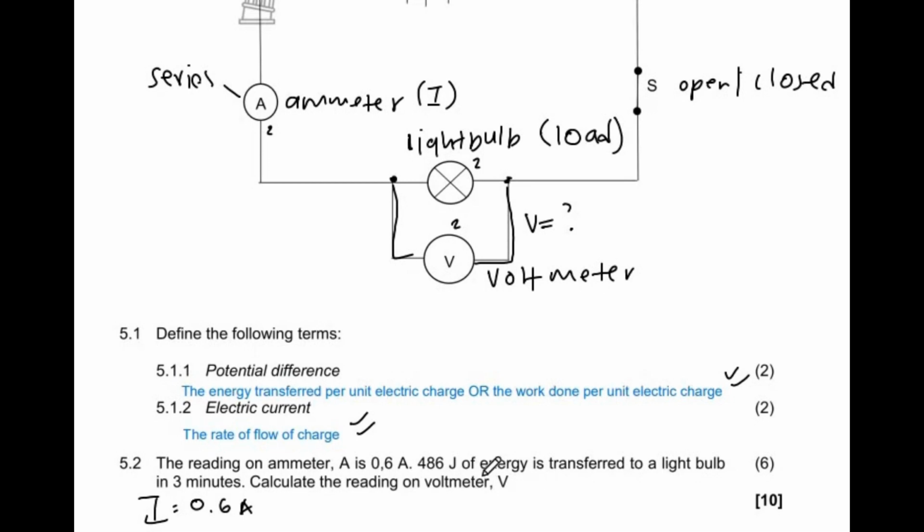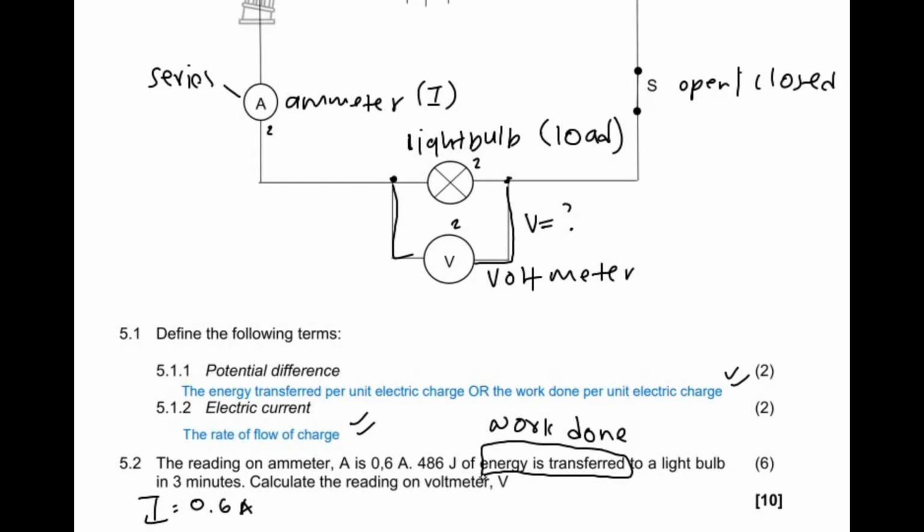That question continues to say 486 joules of energy is transferred to a light bulb. So every time energy is transferred, we talk about transfer of energy, you must know that work is done. Remember, perhaps early, when you started doing natural sciences, we were asked to define energy. Energy essentially refers to the ability of an object to do work on another object, that is, to move that object a specific distance.